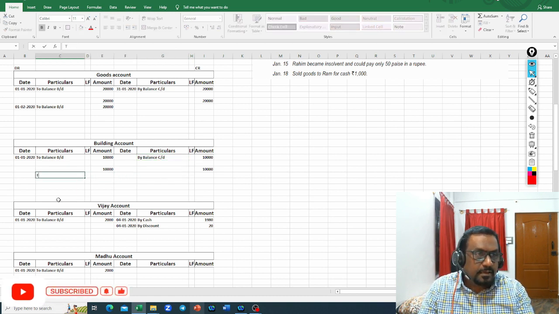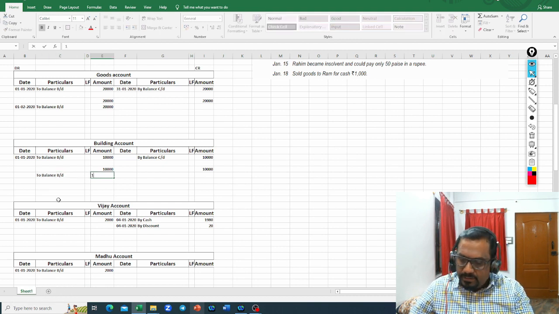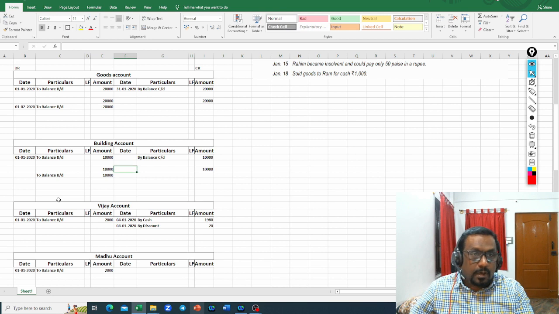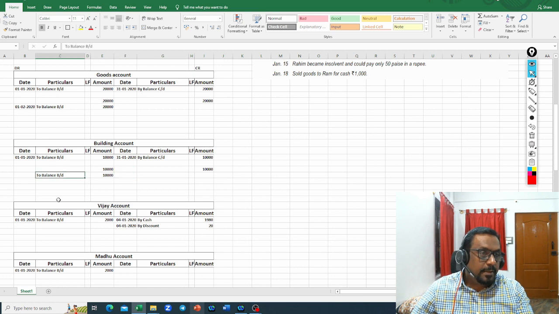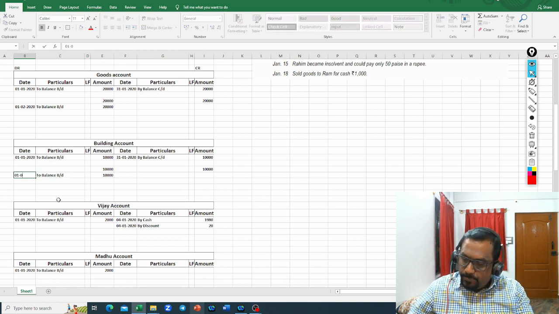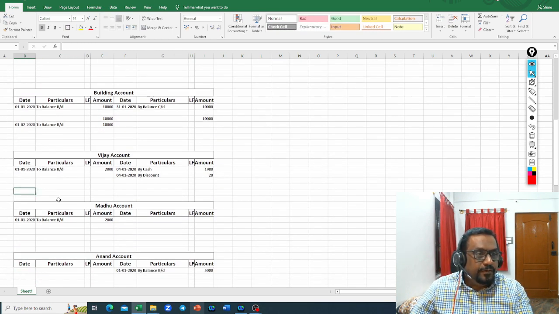To balance brought down 10,000. What date am I supposed to put here? 31st January 2020. And here what date am I supposed to put? February 2020. Clear?